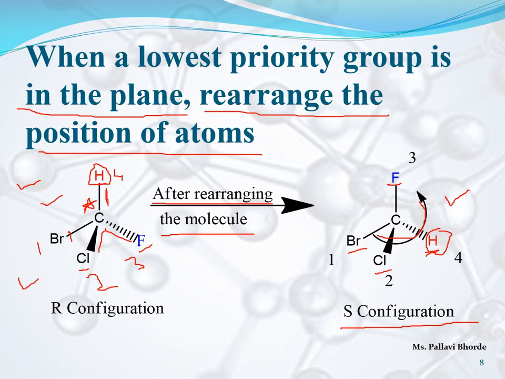So once we have got the configuration for this molecule, the original molecule will have the opposite configuration to that of the rearranged molecule. So if this rearranged molecule is having S configuration, what will be the configuration of the original molecule? It will be opposite to that of S, means this molecule will have R configuration. This is a very, very important special case which we have to consider.